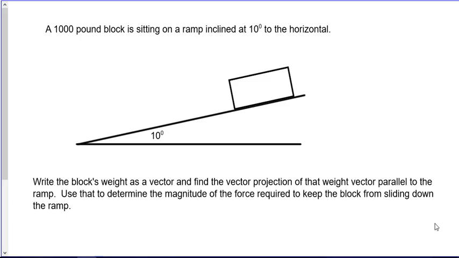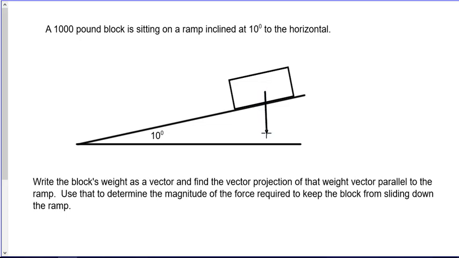Alright, so with that in mind, we have here a 1,000-pound block sitting on a ramp inclined at 10 degrees to the horizontal. Write the block's weight as a vector and find the vector projection of that weight parallel to the ramp. Use that to determine the magnitude of the force required to keep the block from sliding down the ramp.